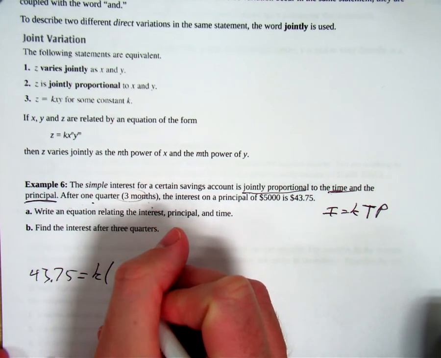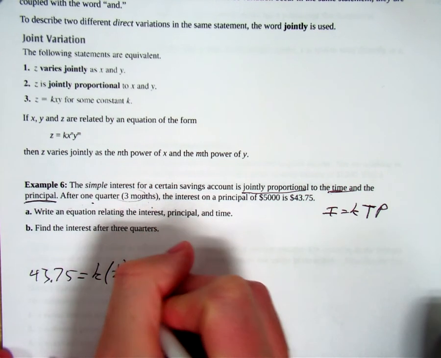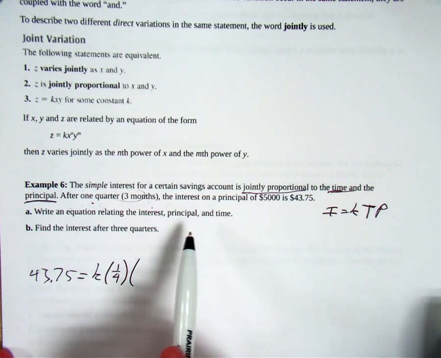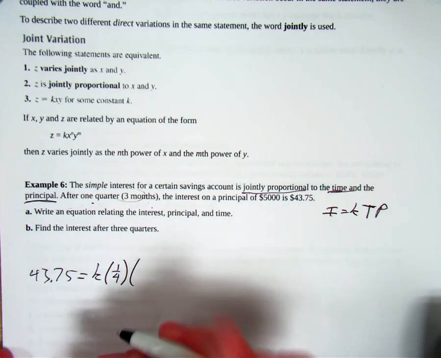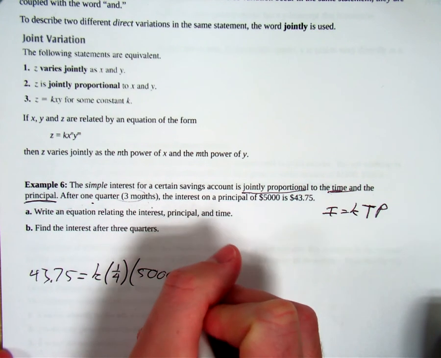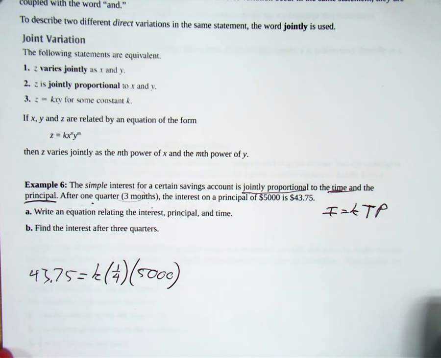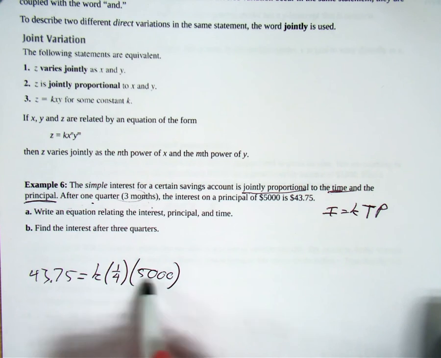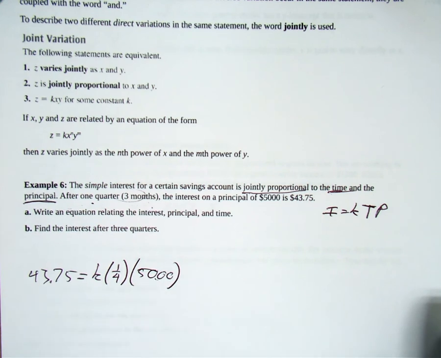3 months. Let's just leave it as months, 3/12 or 1/4. 1/4 of a year. That's usually time in years, I think. Okay. And principal was $5,000. All right. So we got 1/4 times 5,000. 1,250.